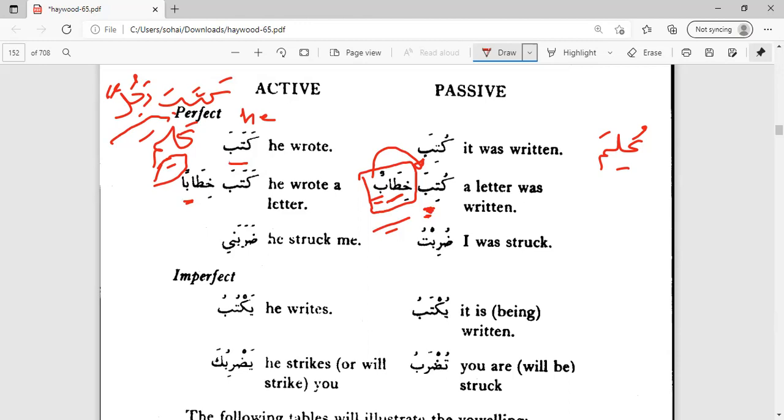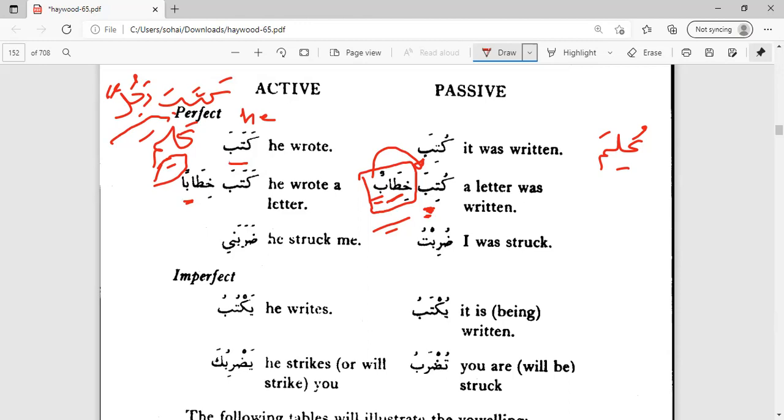Okay, sir. In passive, there will never be an actor mentioned, right? Well, in the passive verb, whether it's past or present, the actor will not be mentioned. The person doing the action will not be mentioned. That's the whole point of passive. Active, we call it ma'loom. Ma'loom means when the doer is known.